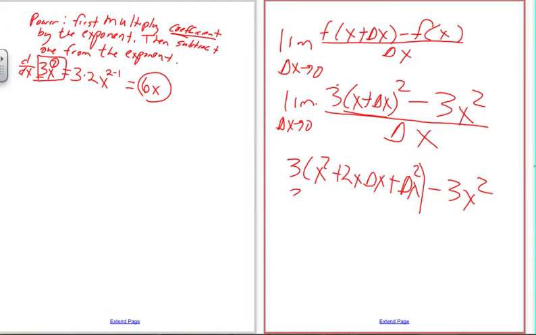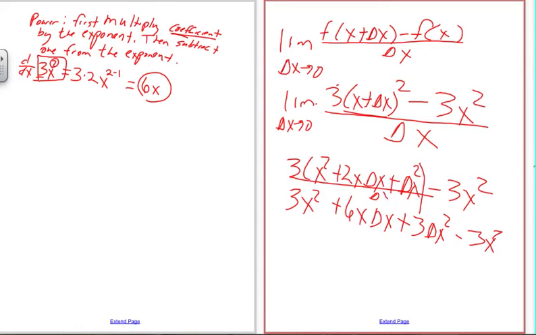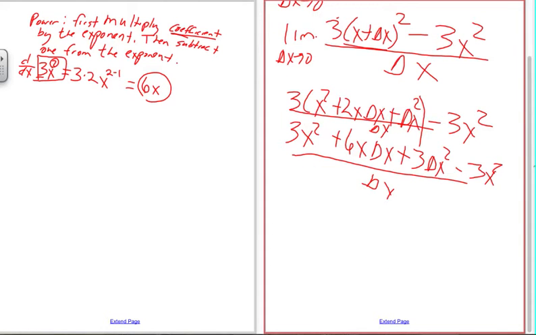I'm going to have 3x squared plus 6x delta x plus 3 delta x squared minus 3x squared, but this is all over delta x. And sure enough, those go away. So now I'm going to factor out a delta x.